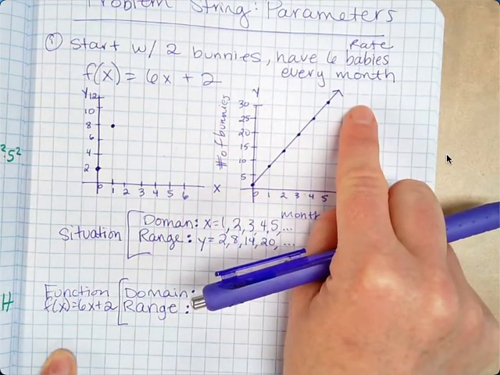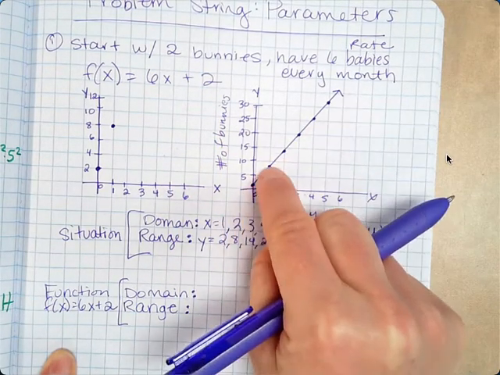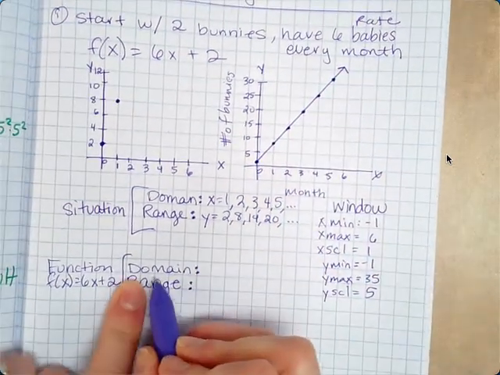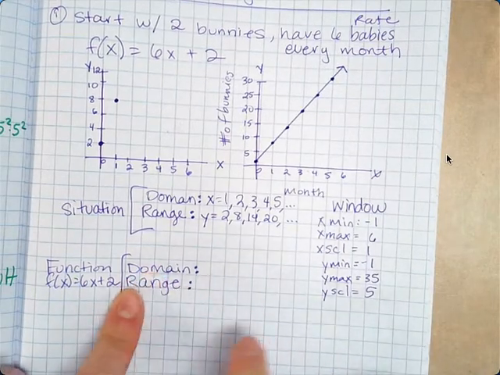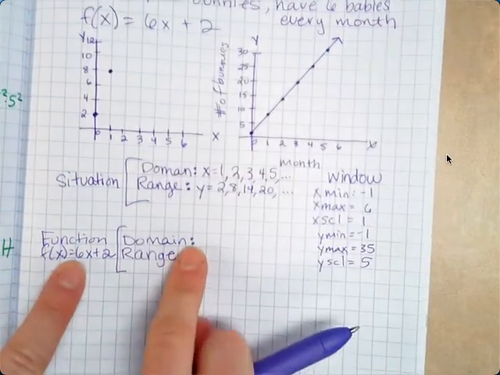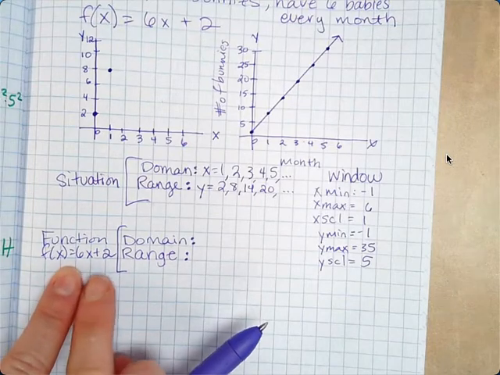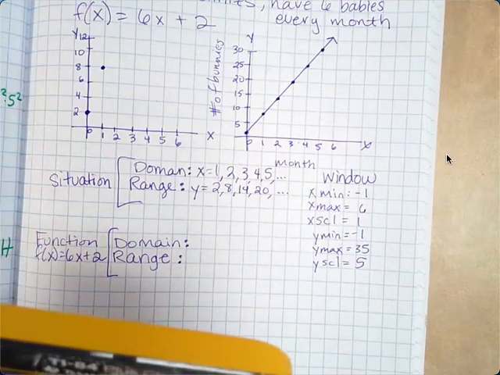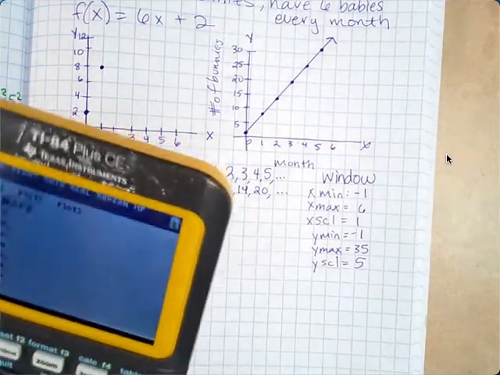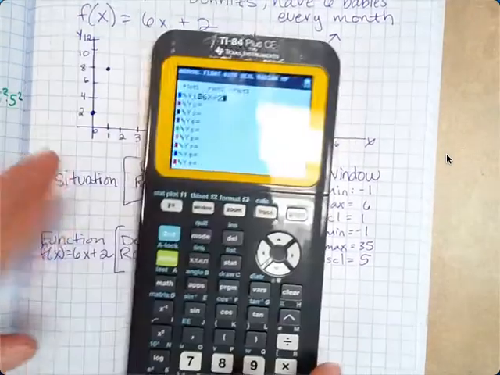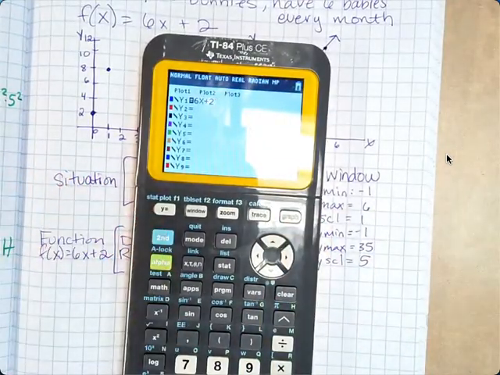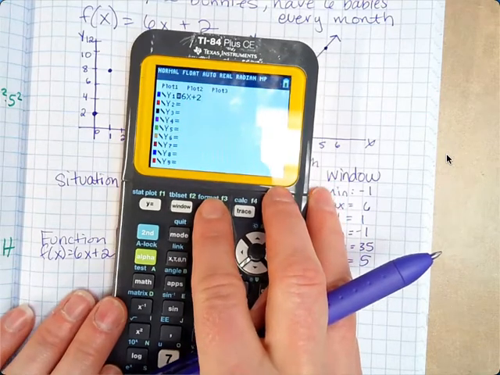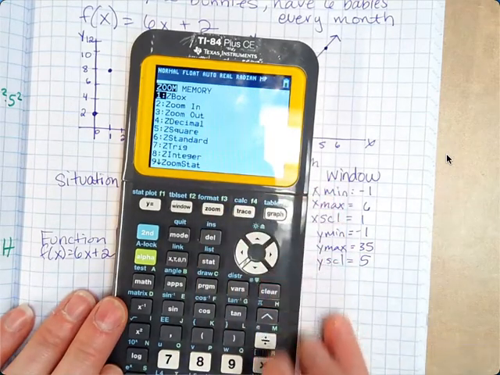If I'm just looking at the situation, I would just look at the individual discrete data, just the dots. So for the domain, what are the possible x values for the function? Let's go to 6x plus 2. I want to go back to the graph looking like it was in the beginning. So I'm going to go to zoom standard, number 6.